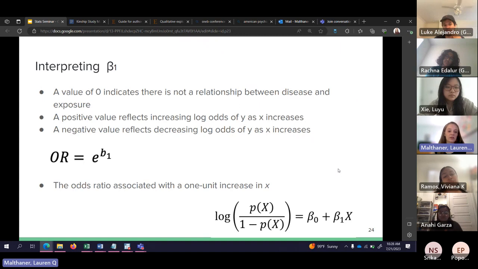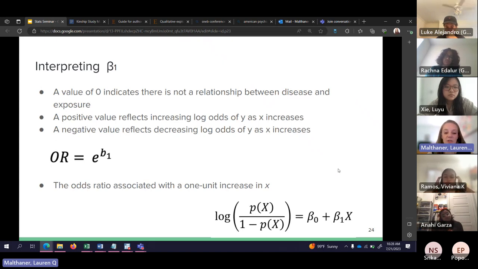Similar to linear regression, a value of 0 for your beta coefficient would indicate that there's not a relationship between disease and exposure. A positive value would reflect an increase in the log odds of your outcome as X increases, and a negative value would reflect decreasing log odds of Y as X increases.